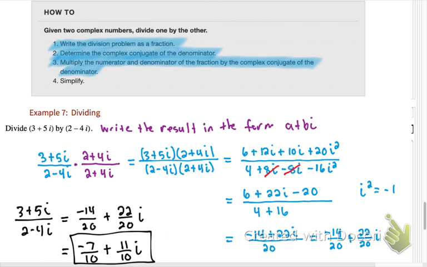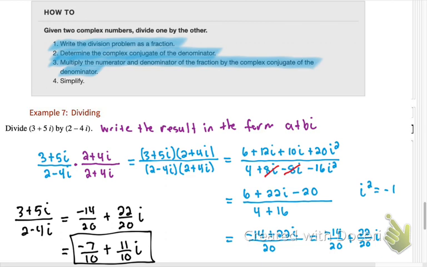And there is the division of our complex numbers written in standard form. The real part is negative 7/10, and the imaginary part is 11/10 i. Okay, so there's our process for doing that.